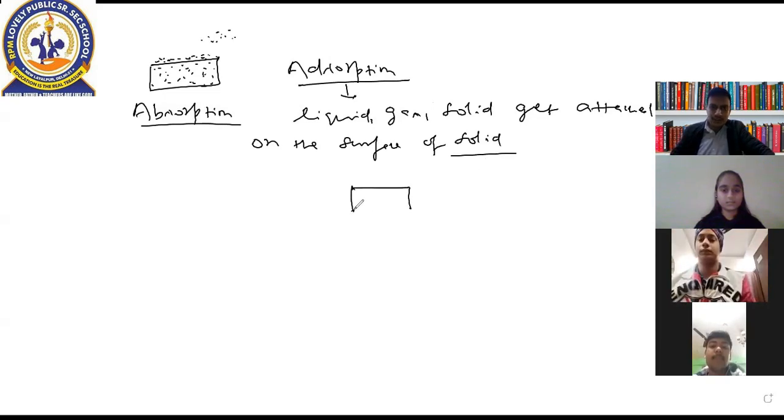Whenever you take the example of any solid, and the liquid is spread over there, then multiple layers or single layers, depending on the nature of the substance, get attached to the surface of the solid, and they don't get inside the solid. Okay, so that's the difference between adsorption and absorption. And what is desorption? Desorption is just the reverse process. Whenever any liquid, solid or gas particle gets detached from the surface, it is called desorption.